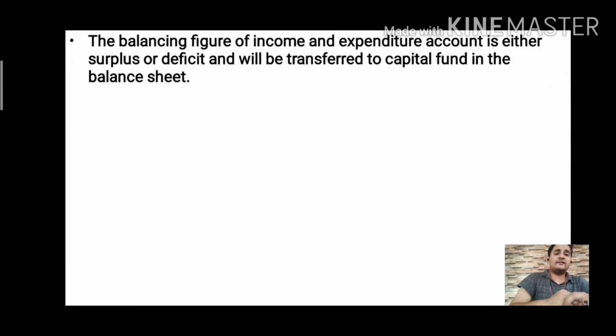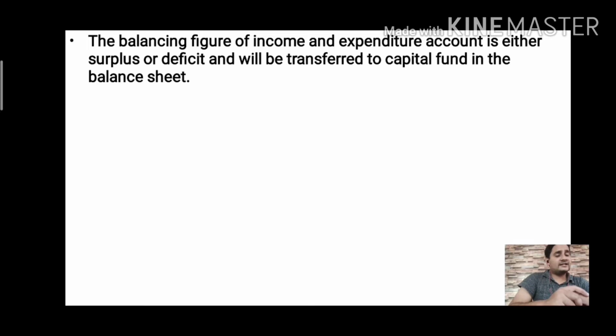The balancing figure of income and expenditure account is either surplus or deficit and will be transferred to capital fund in the balance sheet. So, the main purpose of income and expenditure account is to find out the deficit and surplus of the organization.